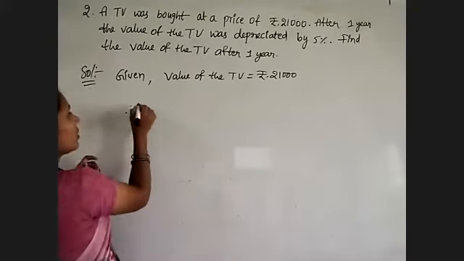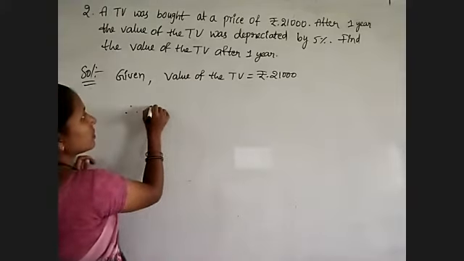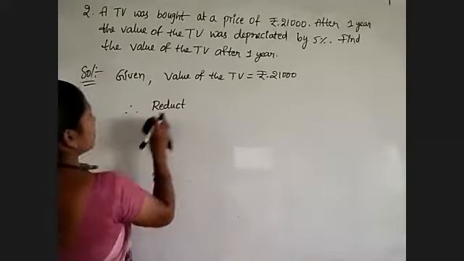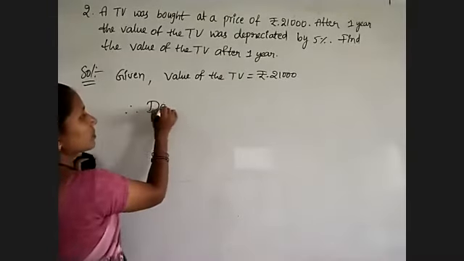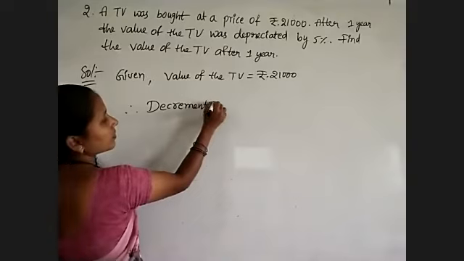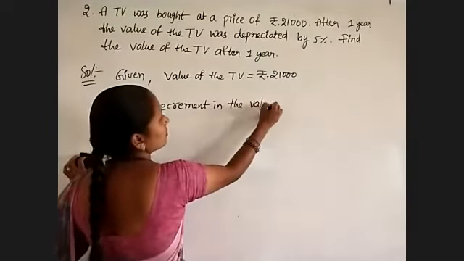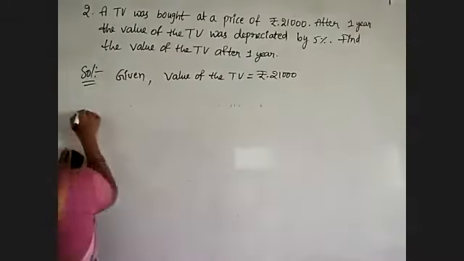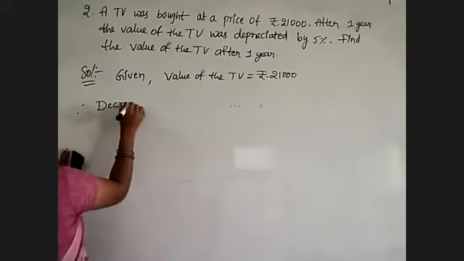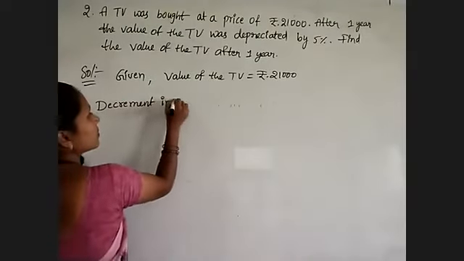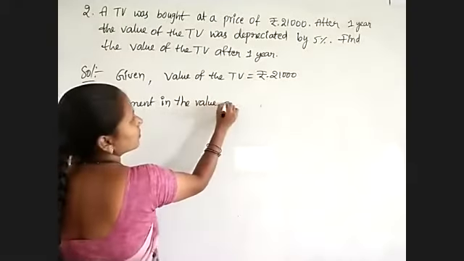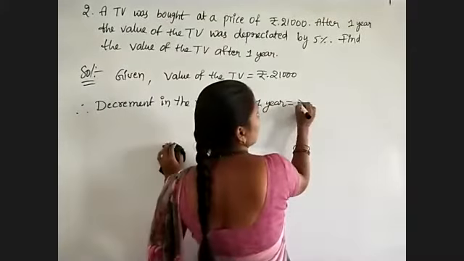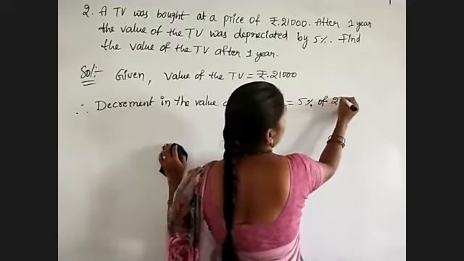Therefore, the reduction in the value, or decrement in the value after 1 year, is equal to 5% of 21,000 rupees.